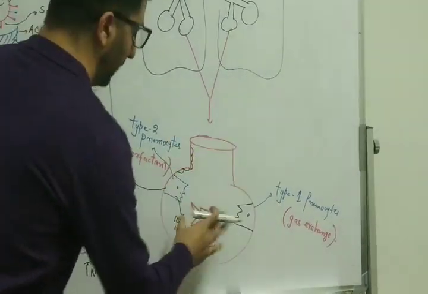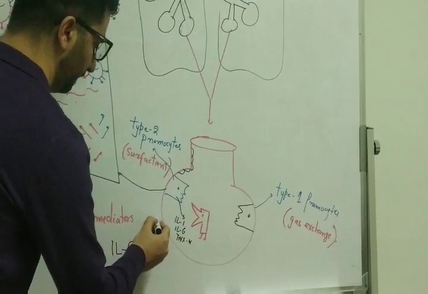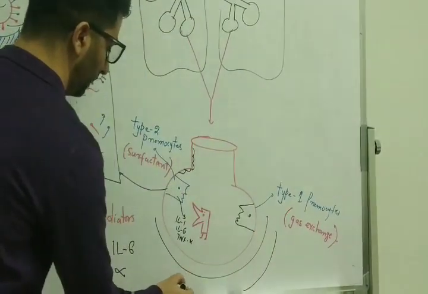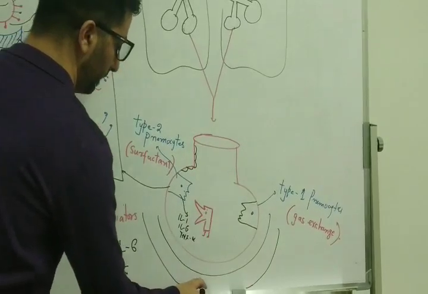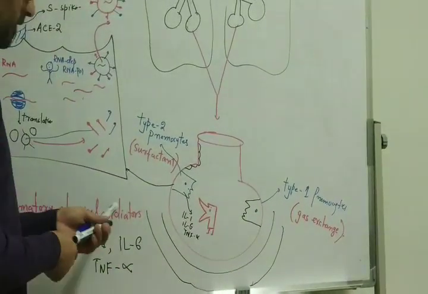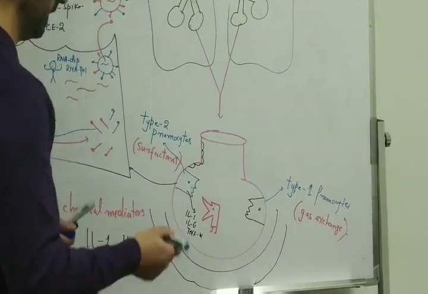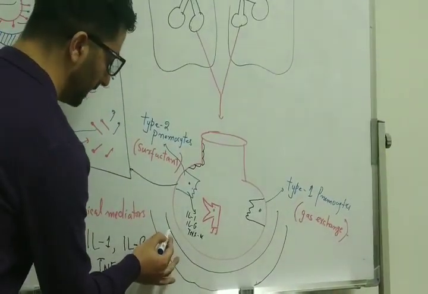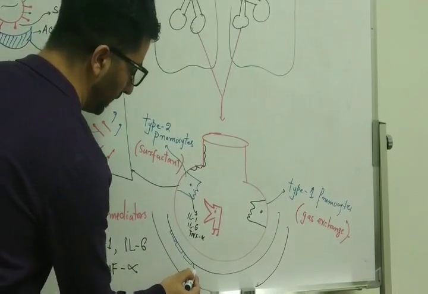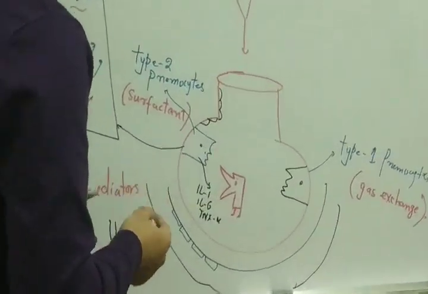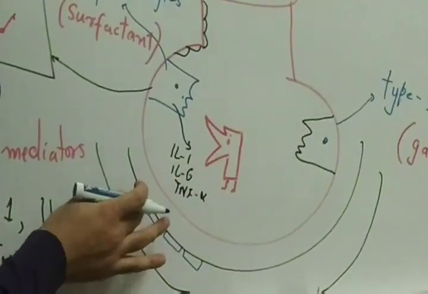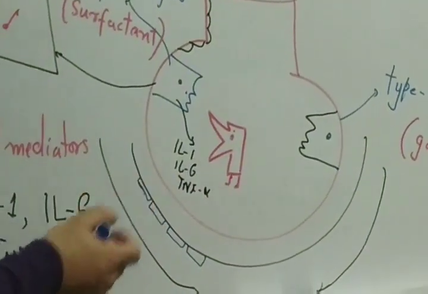We know around this alveoli there is blood supply. This is the blood supply around the alveoli. So these cytokines act on the cells around our capillaries.